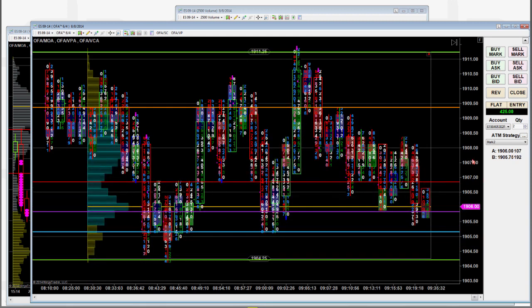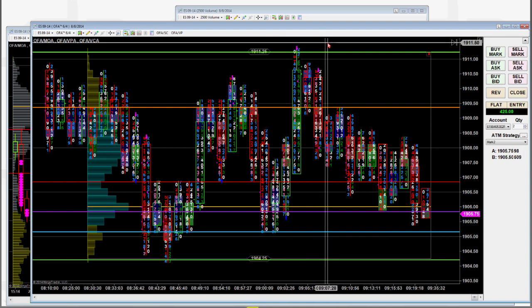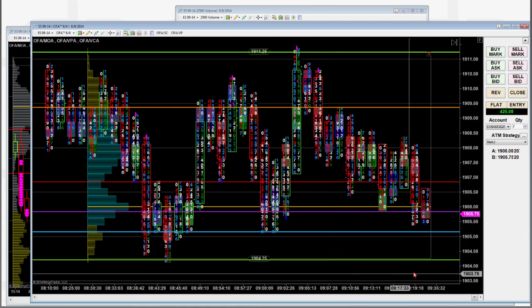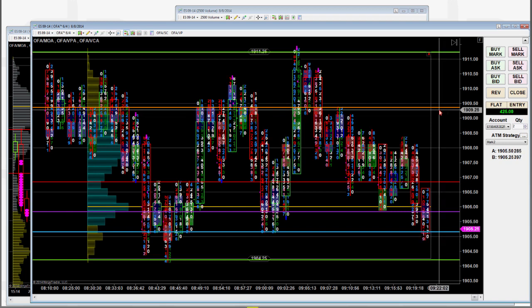So during the day, we talked about this. My if-then scenario now is if IB holds to either side and price comes through IB to either side after it's set now in 7.5 minutes, then I will look to take a continuation trade in one of those directions.